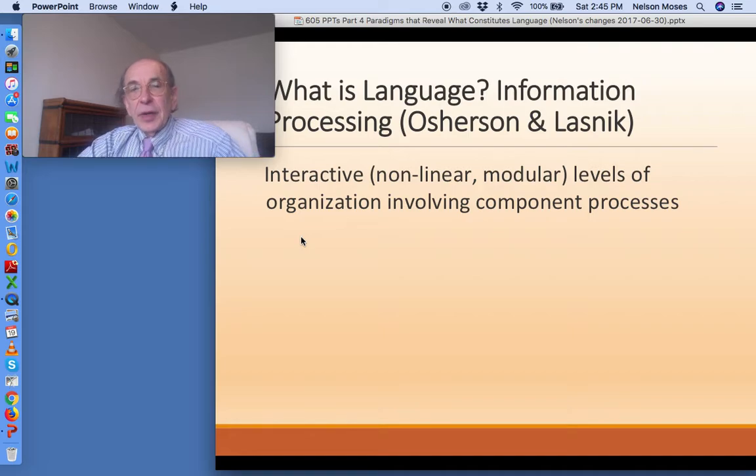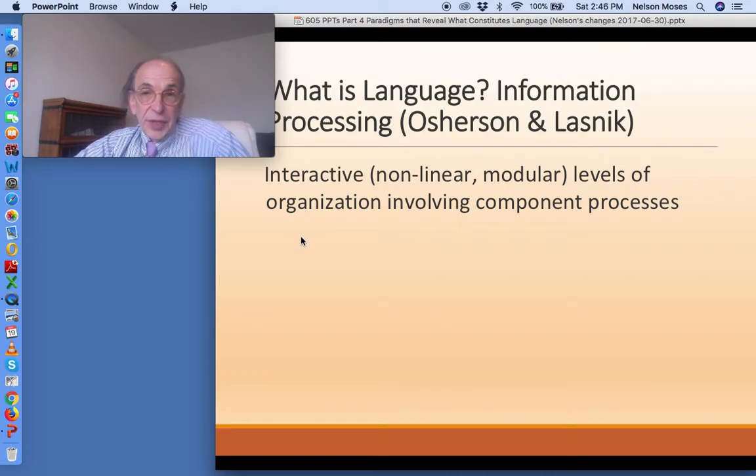And this particular point of view draws our attention to interactive levels of organization that are involved in language and component processes. These components of language are nonlinear, meaning each one has its own organization, its own rule structure, as was the case in the content form use model, because content itself has its organization and rules.